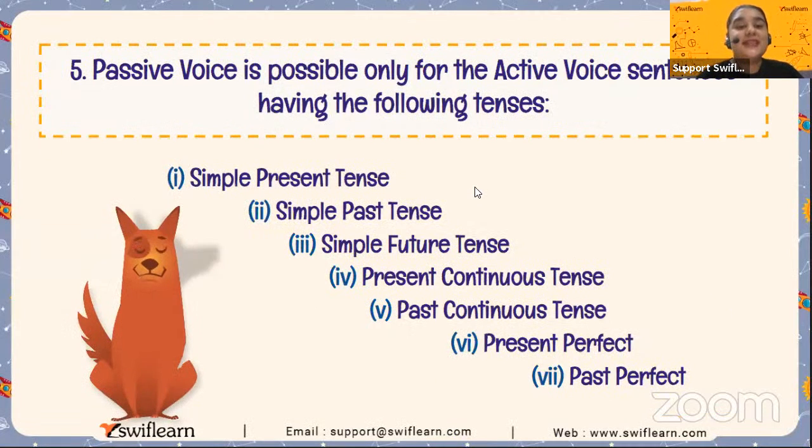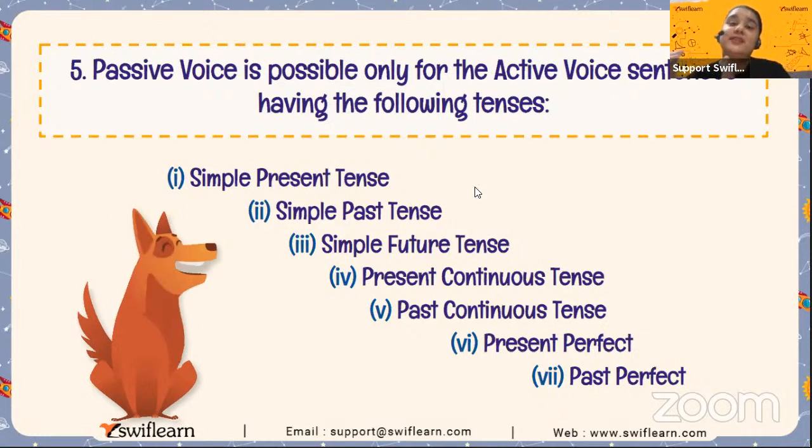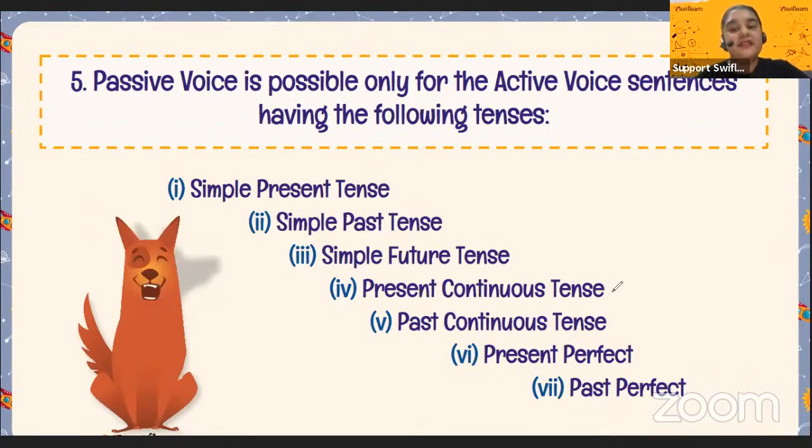Okay, now passive voice is possible only for the active voice sentences having the following tenses. So when you are changing it into passive voice, remember that it will happen with these tenses only. Which ones are? Simple present tense, then simple past tense, and then we are having simple future tense, present continuous tense, past continuous tense, present perfect, and past perfect.